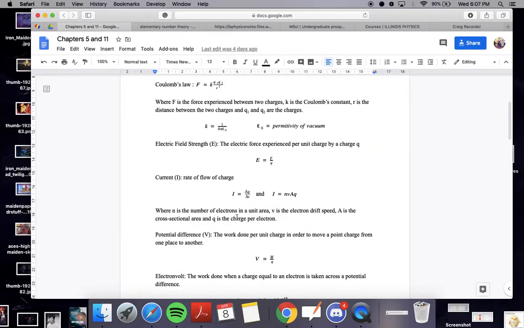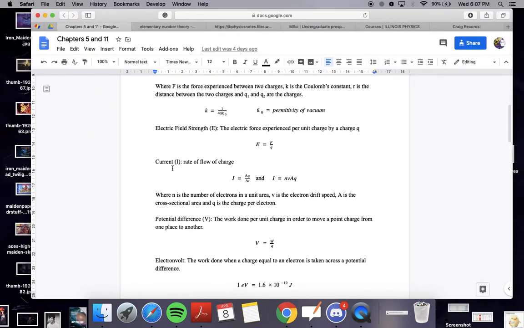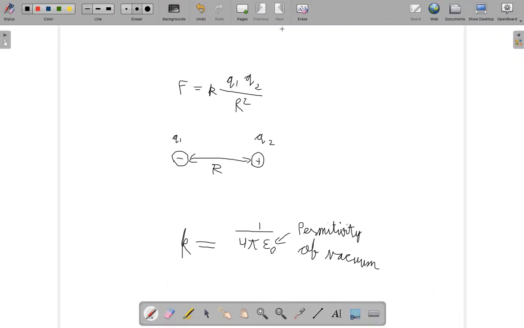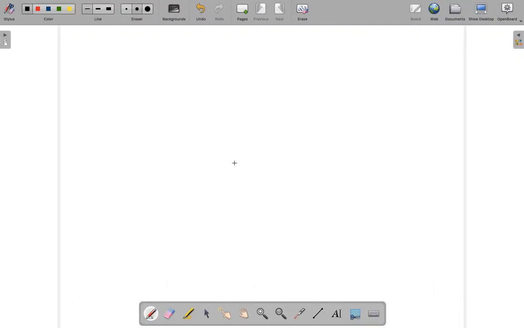Now, moving on. Electric field strength. So now, if you have a charged object, whether it's positive or negative, it will have an electric field around it. Let's take a negative charge, for example.